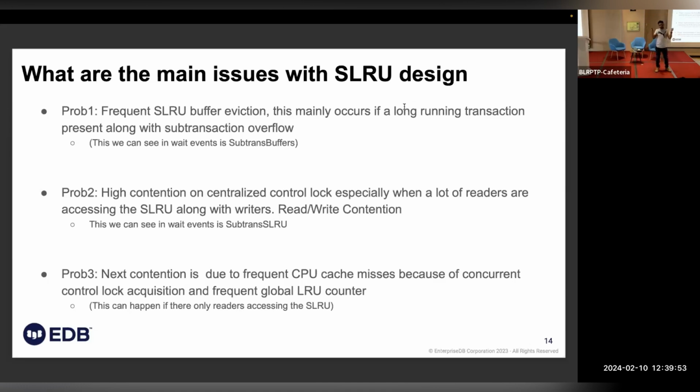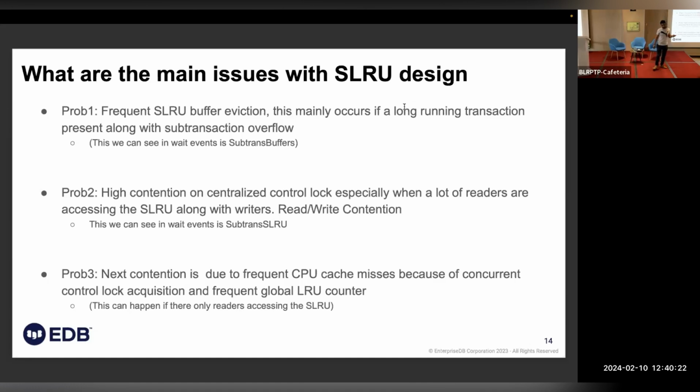But the problem is you still need to take a control lock on that SLRU buffer cache before accessing it. Although the lock is a read lock, somebody also has to write data, subtransaction data, into the cache. So the writer and reader contention creates the second problem, contention on the first lock we are seeing, the subtrans SLRU lock.